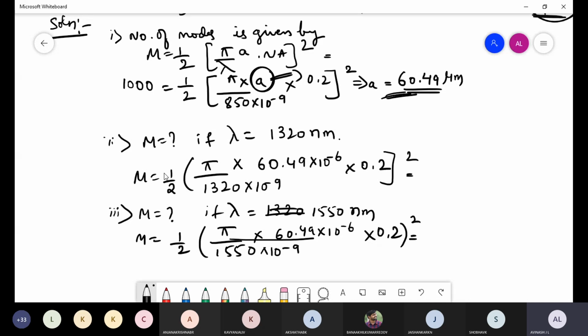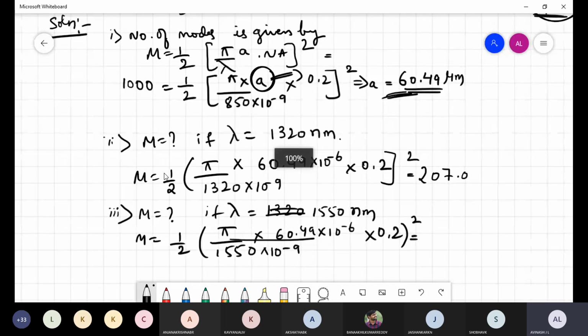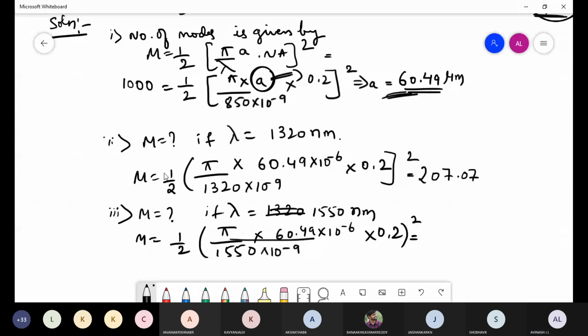If you calculate this, the number of modes is 207.07. So 207 we can approximate, or I can approximate it to 208.